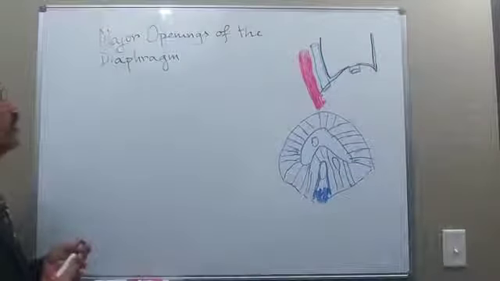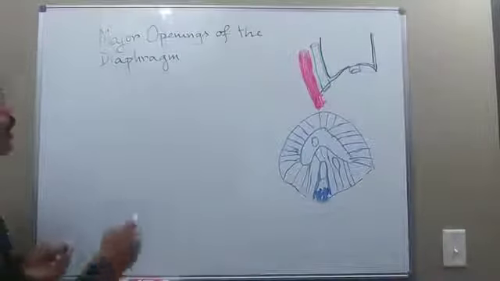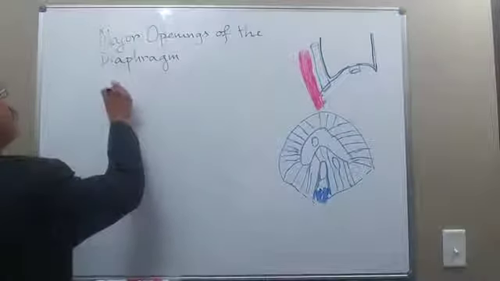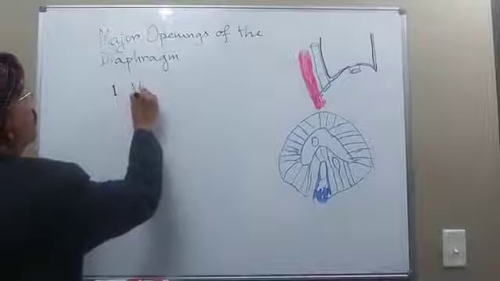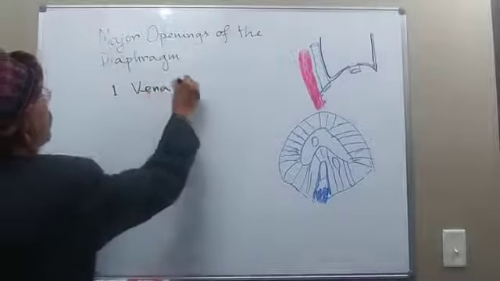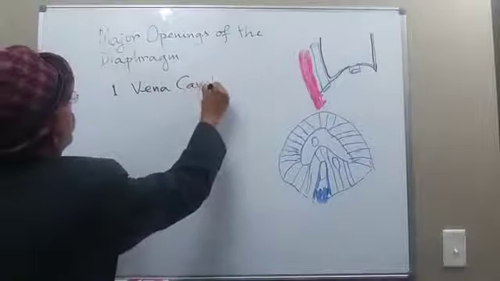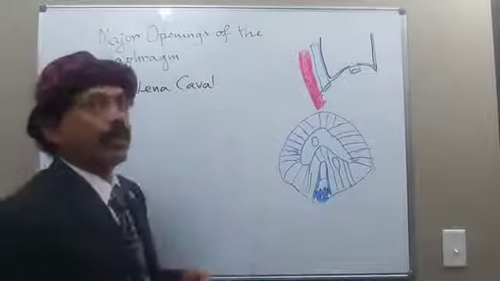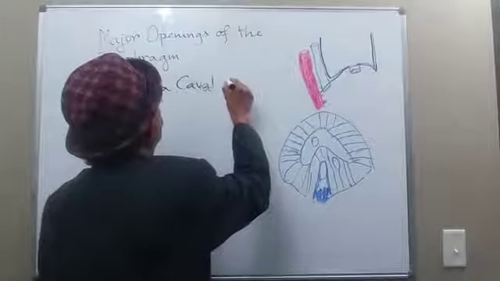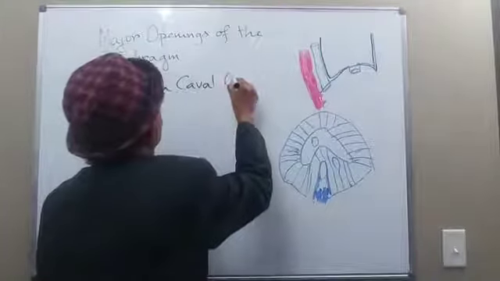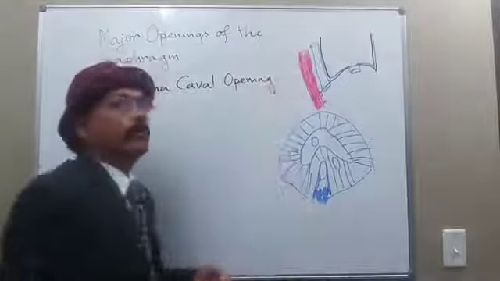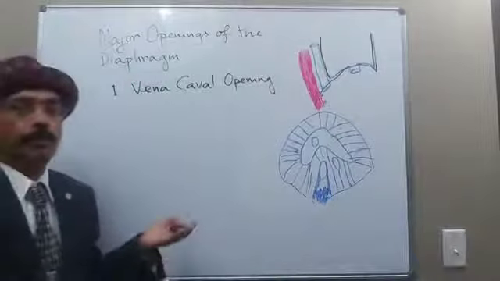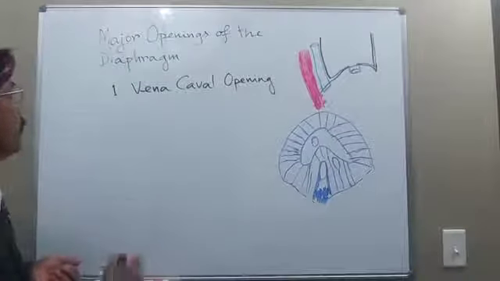So the major openings of the diaphragm are the vena caval opening, also called caval opening.